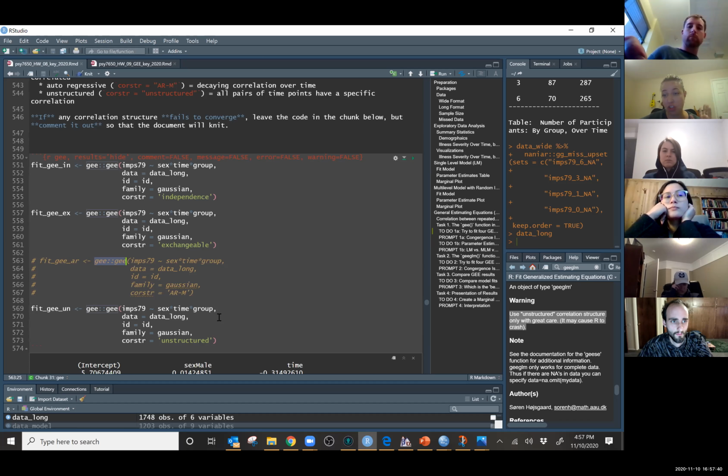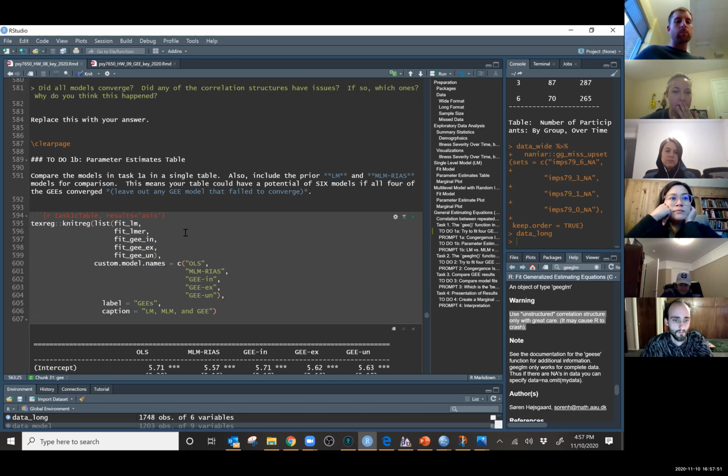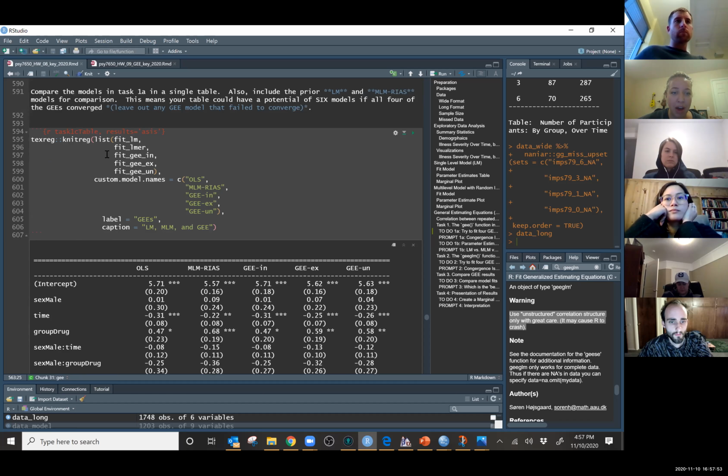It just can't do it. The geepack gee glm has a workaround, but this one doesn't. So here, we can put the GEE models all in a texreg table, but we can't put in the autoregressive one because it failed to fit.